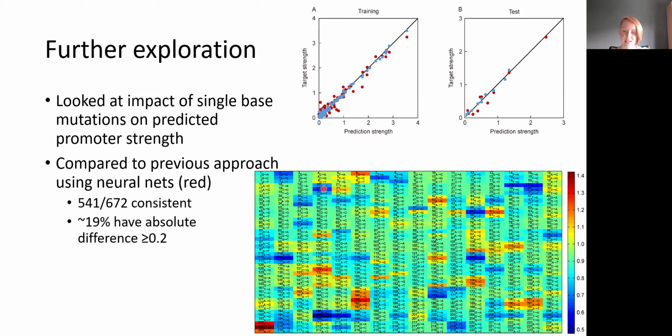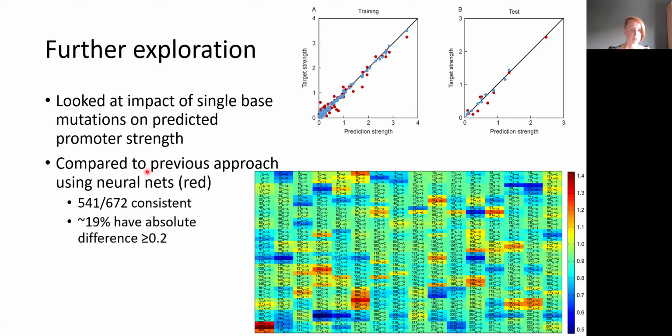So you can see here this change at position 20 from A to G greatly reduced promoter strength. We have a super strong one down here, which was an A to G at position 209 that had a really strong increase in promoter strength as predicted by our model. So you could use this and potentially test some of these and see how accurate the prediction is on different mutations that weren't necessarily included.